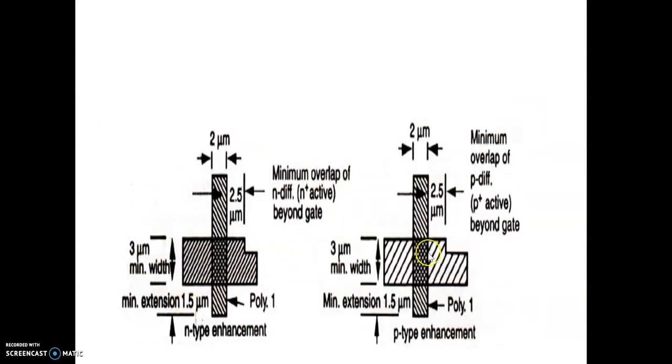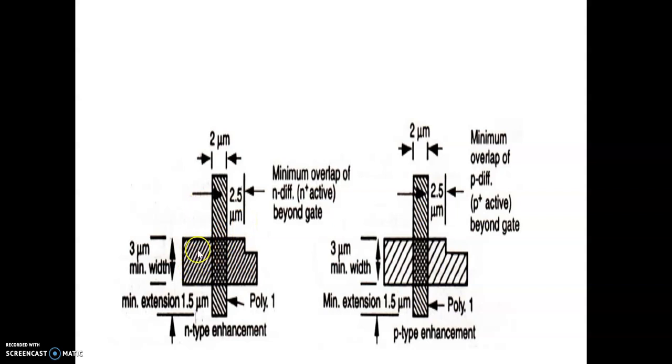Even for an N transistor, this is the n diffusion and this is the polysilicon. The diffusion in lambda should extend from the polysilicon by 2 lambda. Here the minimum extension should be 2.5.